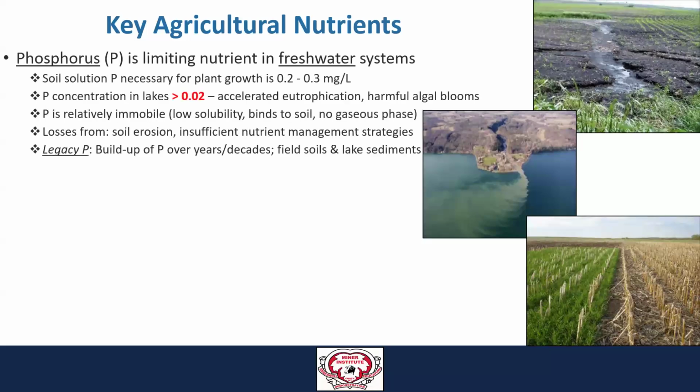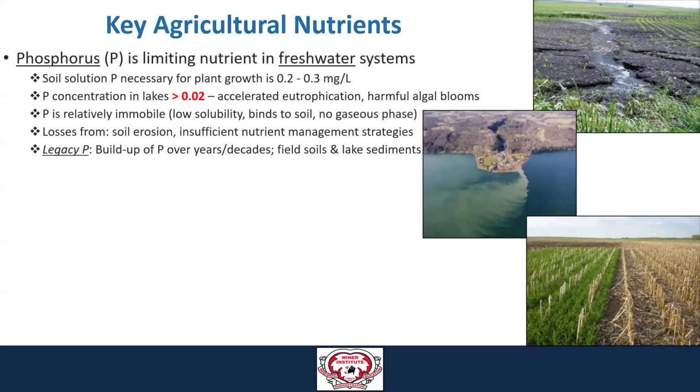So when we're talking about agricultural nutrients in the Lake Champlain watershed and in a lot of New York State, we're going to be focused on phosphorus as our limiting nutrient in freshwater systems. A lot of what makes this such a challenging issue is that the concentration in our lakes is very low, right?